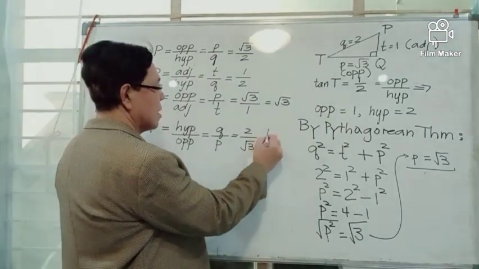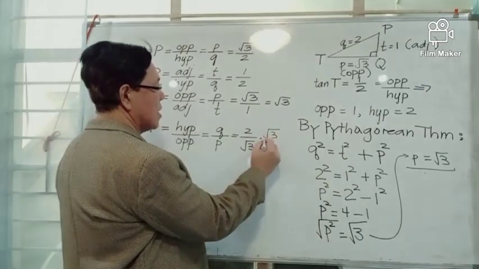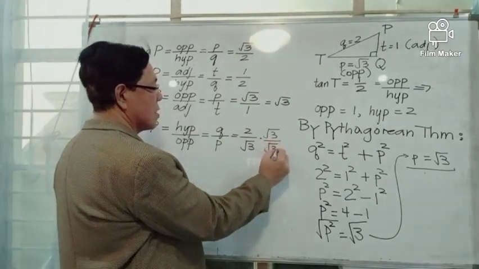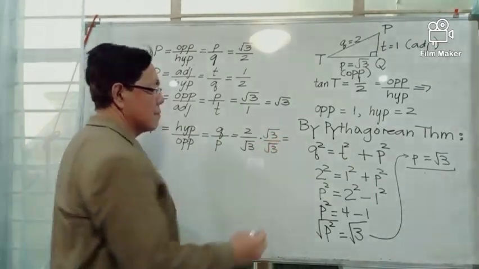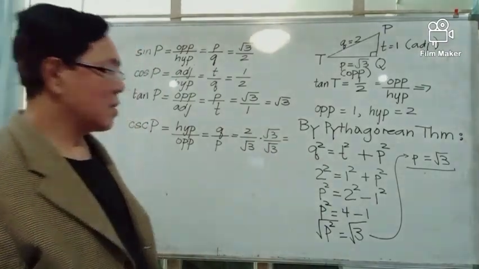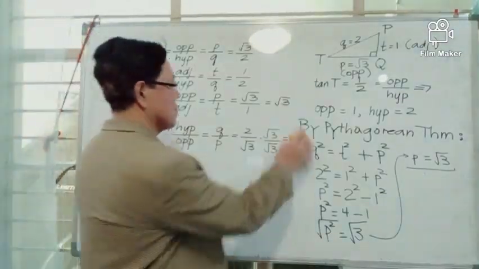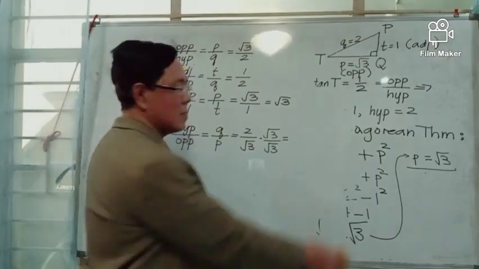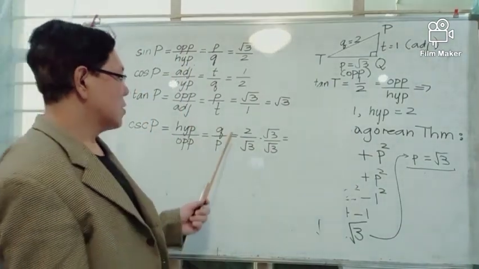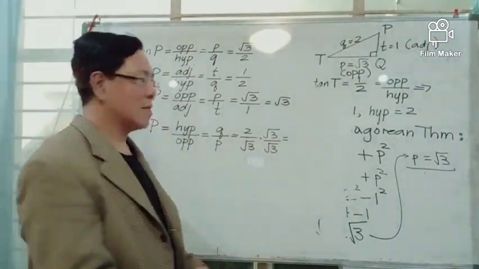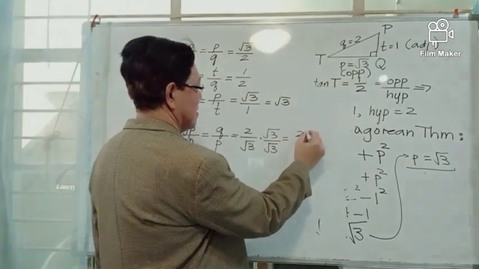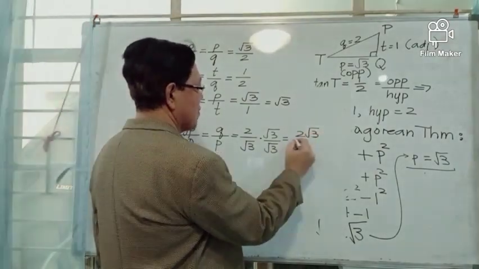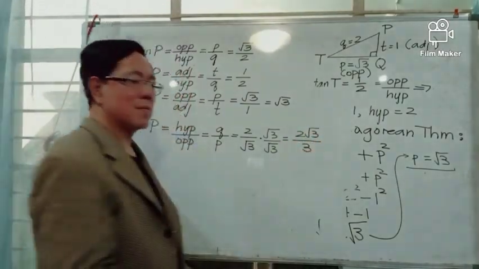If you do that, this will simplify to 2 times square root of 3 over 3.